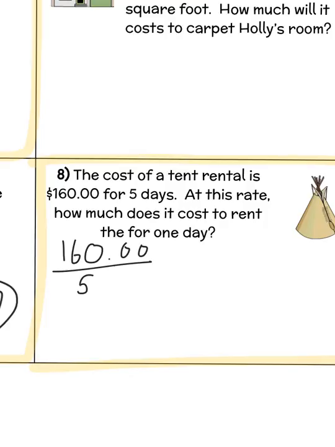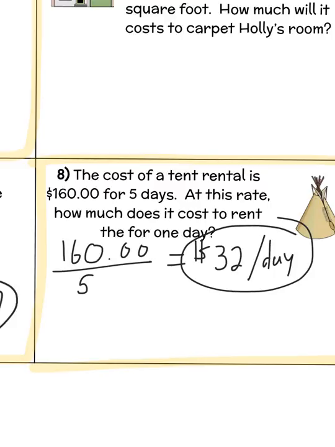And this will give you the price for 1 day of renting. So we take 160 divided by 5, and this equals $32 per day. Well, I accidentally wrote a P instead of a D. And there's your answer for that.